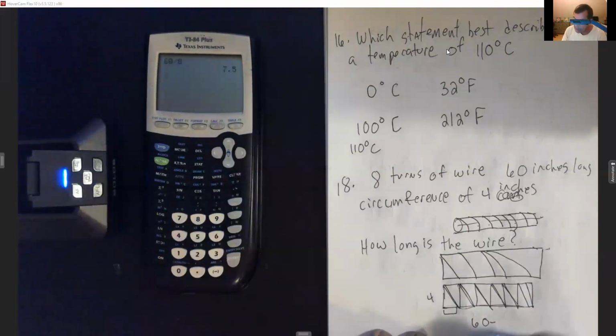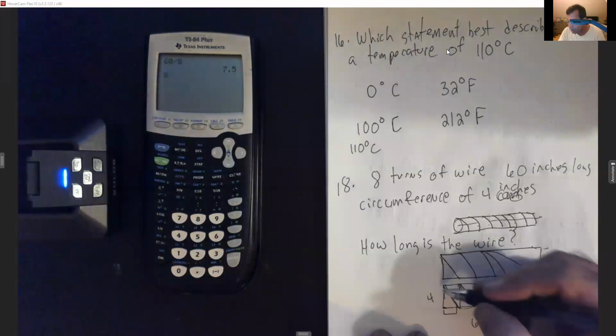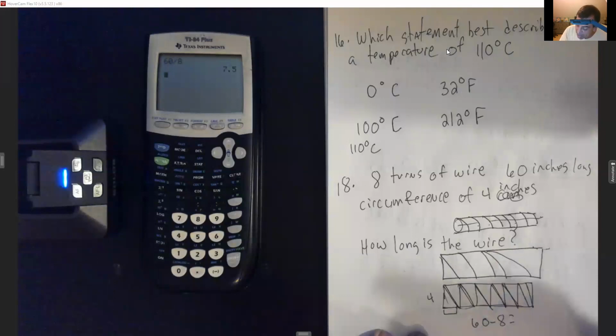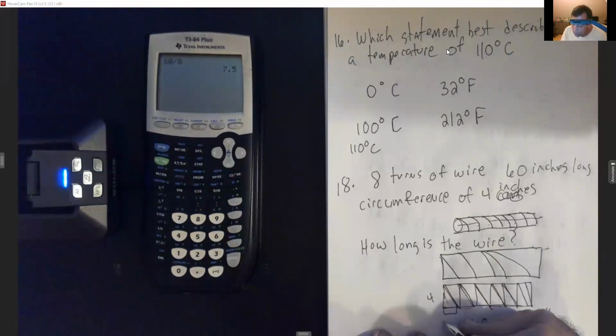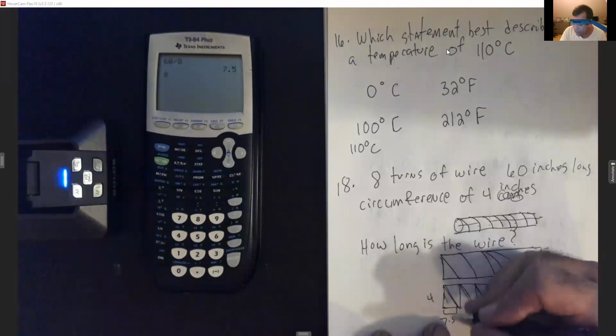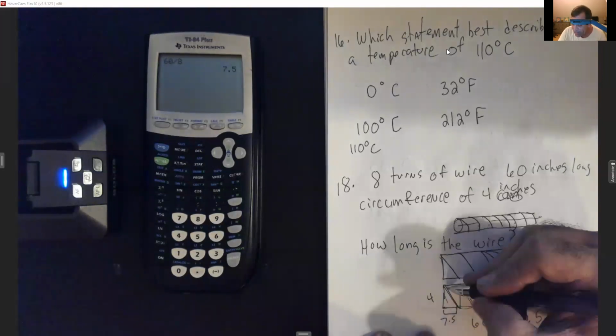You have 60 inches and you had 8 turns of wire. So 60 divided by 8 gave me 7.5 inches for each one of these little triangles on this side. Now I know this side on each one of them is 4 because that's what the circumference was. So we need to find this distance.